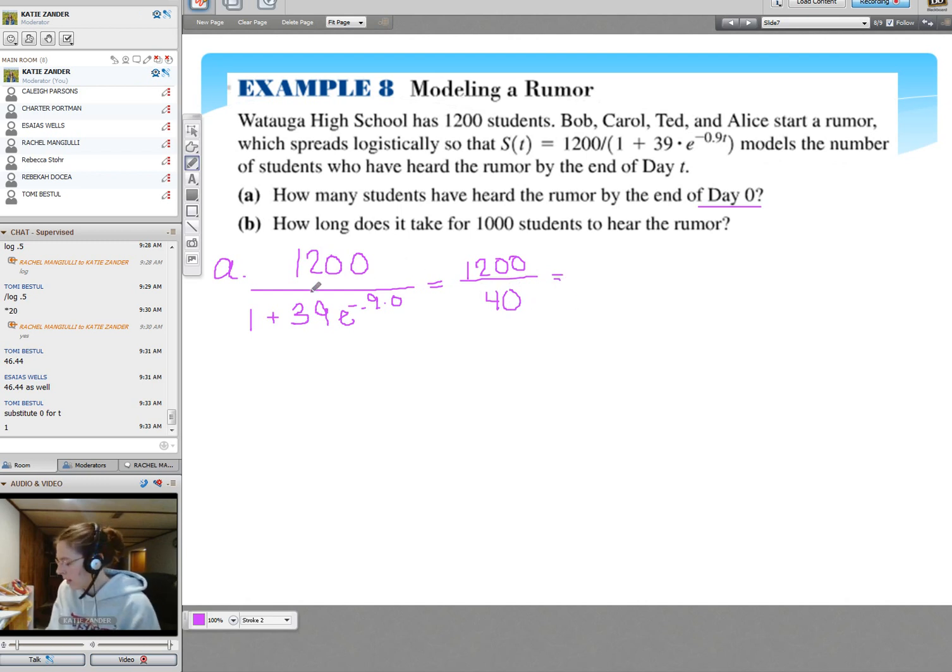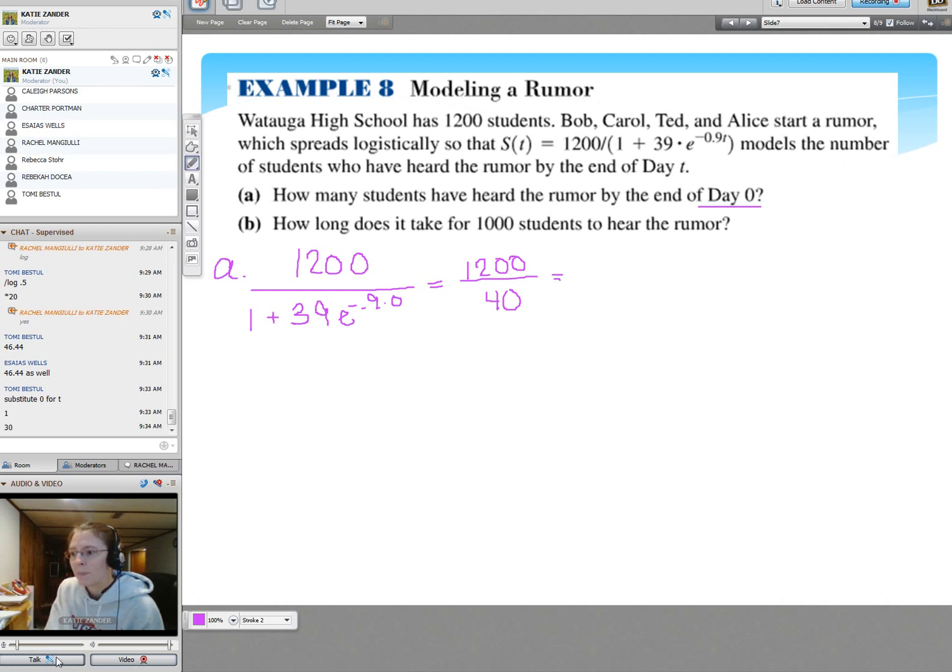So then next we have to do 1,200 divided by 40. And that's going to give us how many students? 30. Okay, so by the end of day 0, 30 students have already heard this.